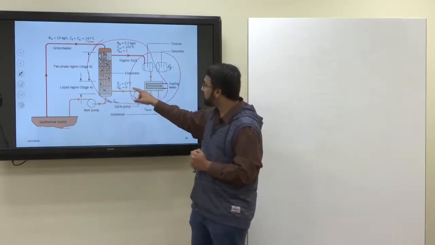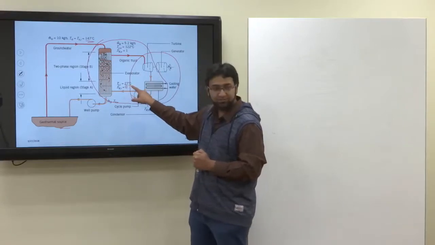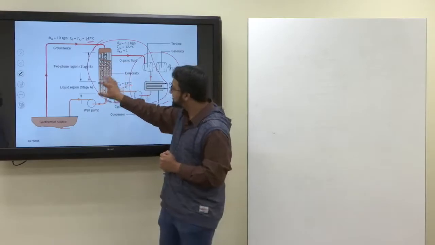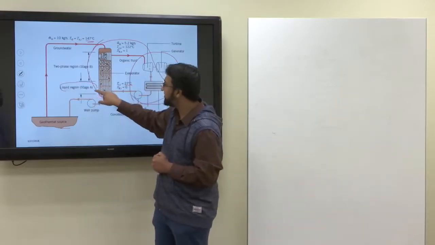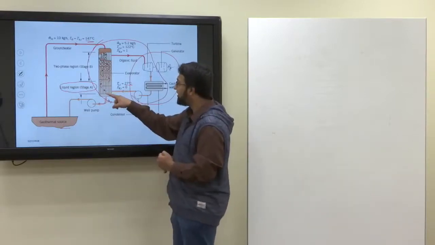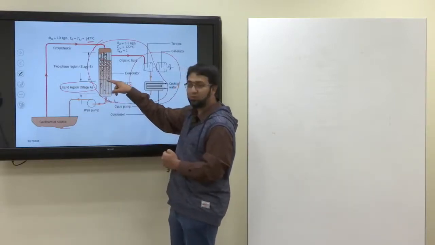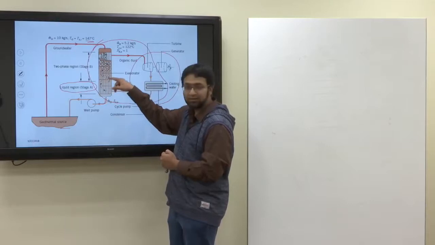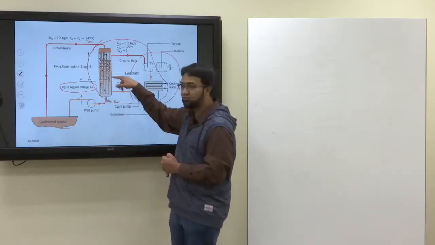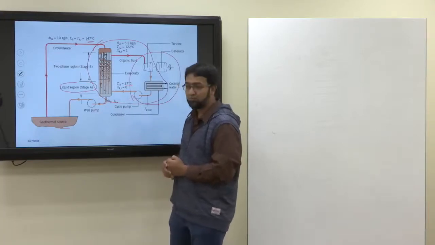So it enters at 27 degrees centigrade as subcooled liquid, then it passes the liquid region in stage A. From the entering point until this point, there is no boiling. It's just temperature rise from 27 to 122.